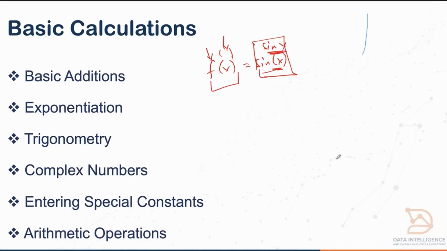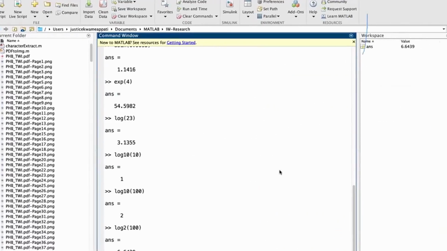Now, complex numbers. This is more convenient for those who have a math background as well as engineering background. They may be using these complex numbers a lot, and you know that for the complex domain, your imaginary part is denoted either with an i or a j. In the math world, it's mostly i, j, k, but in the Matlab world, it's i and j. So therefore, I can write, for example, 3, the real part of a complex number, plus the imaginary part, say 2i.